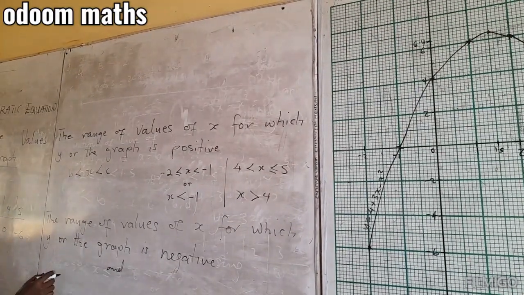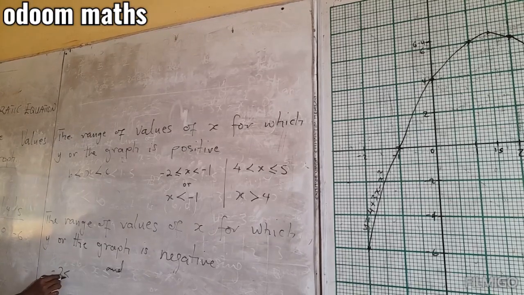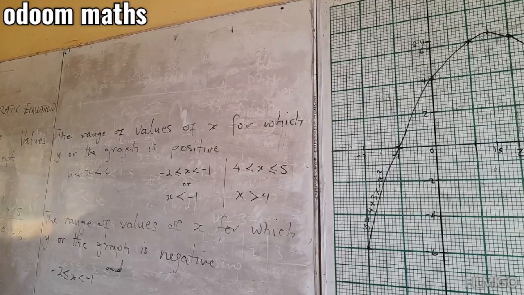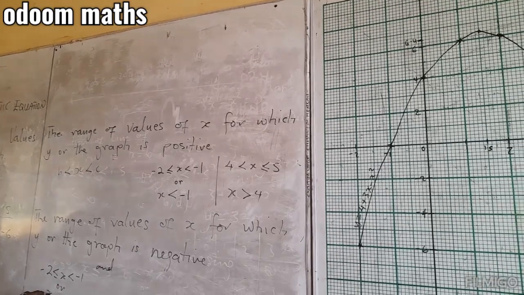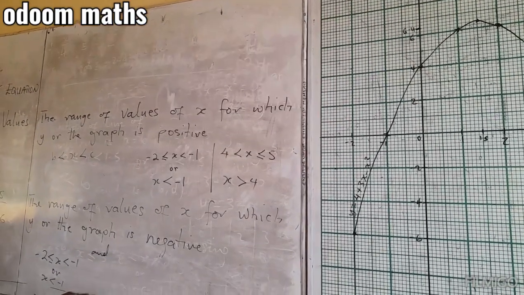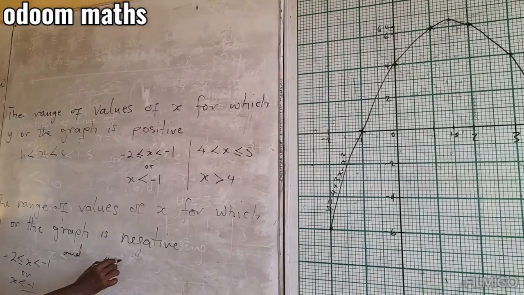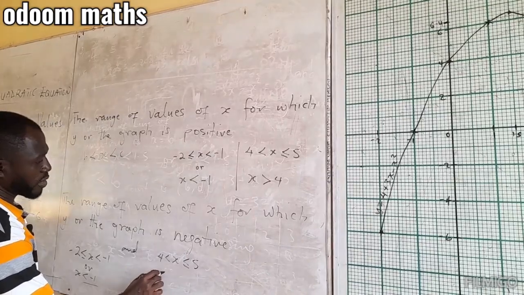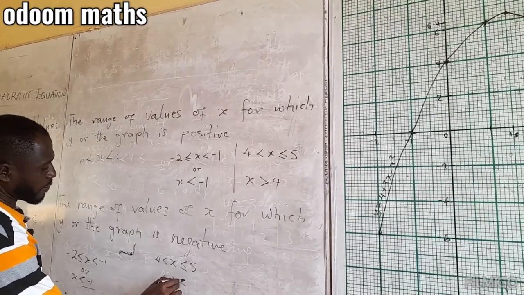So that is -2 less or equal to x less than -1, or x is less than -1, and then 4 less than x less or equal to 5, or x is greater than 4.